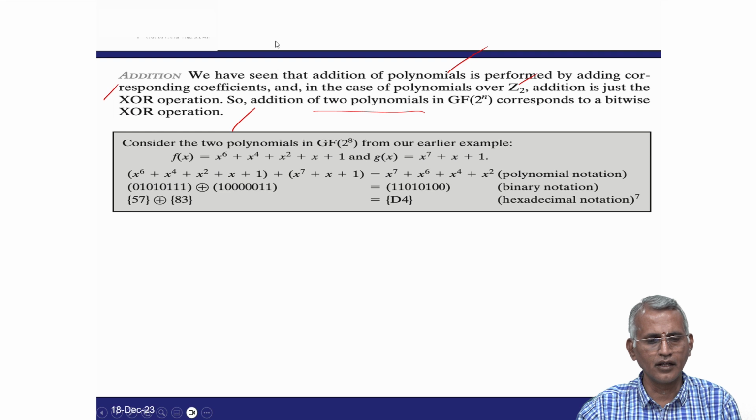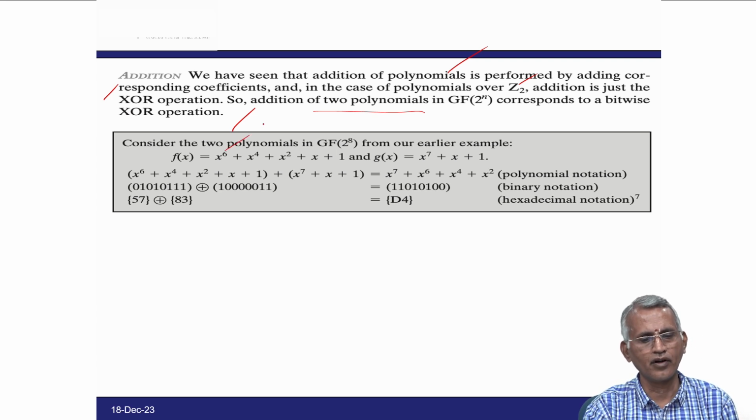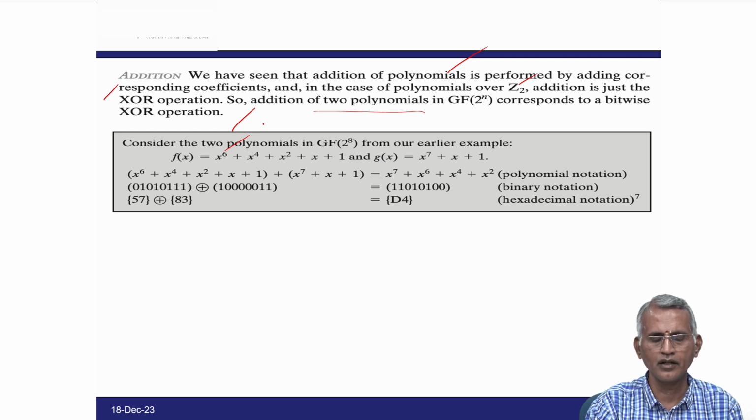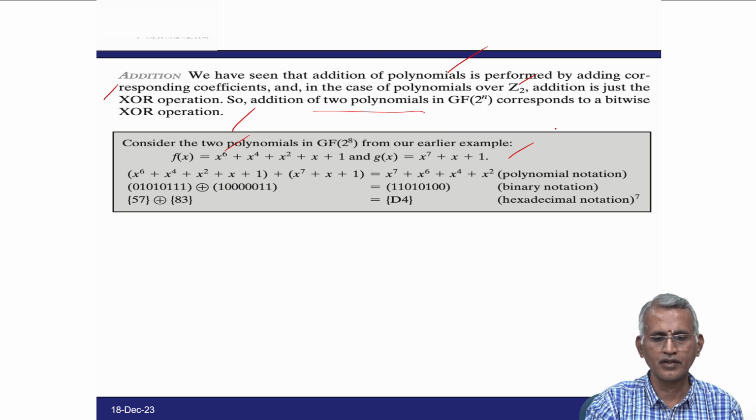Now, consider the two polynomials in GF of 2 power 8 from our earlier example. f of x is a 6th degree polynomial, x power 6 plus x power 4 plus x square plus x plus 1, and g of x is x power 7 plus x plus 1. Now, if you add them, x power 7 comes 1 time, therefore x power 7, and then x power 6 1 time, x power 4 1 time, and then x square.